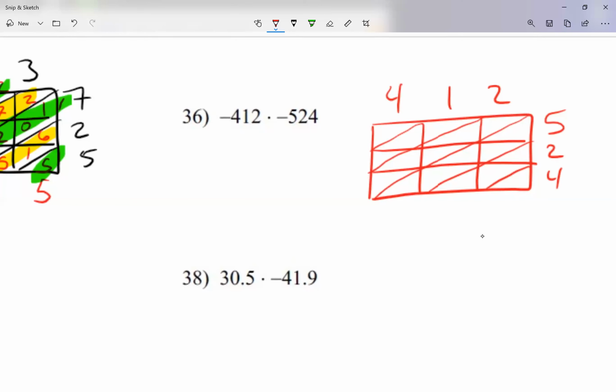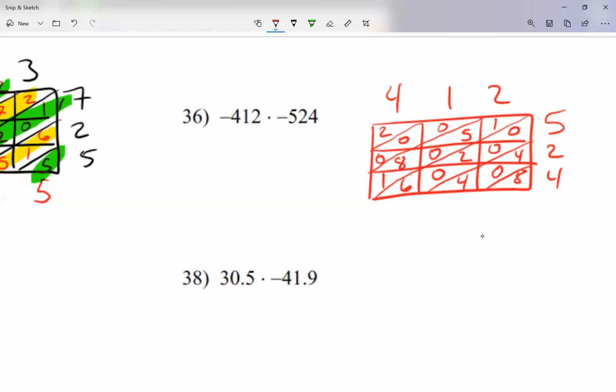All right, I know 4 times 5 is 20. 1 times 5 is 5. 2 times 5 is 10. 4 times 2 is 8. 1 times 2. 2 times 2 is 4. 4 times 4 is 16. 1 times 4. And then 2 times 4 is 8.